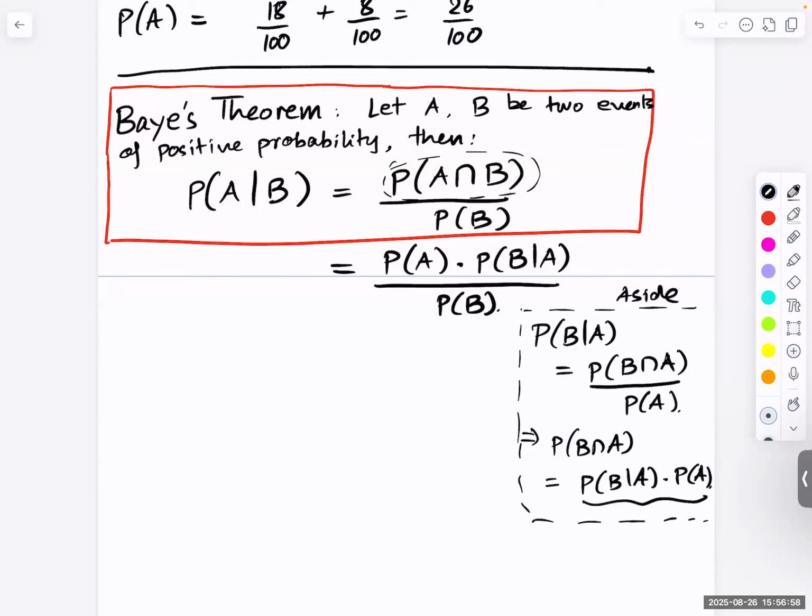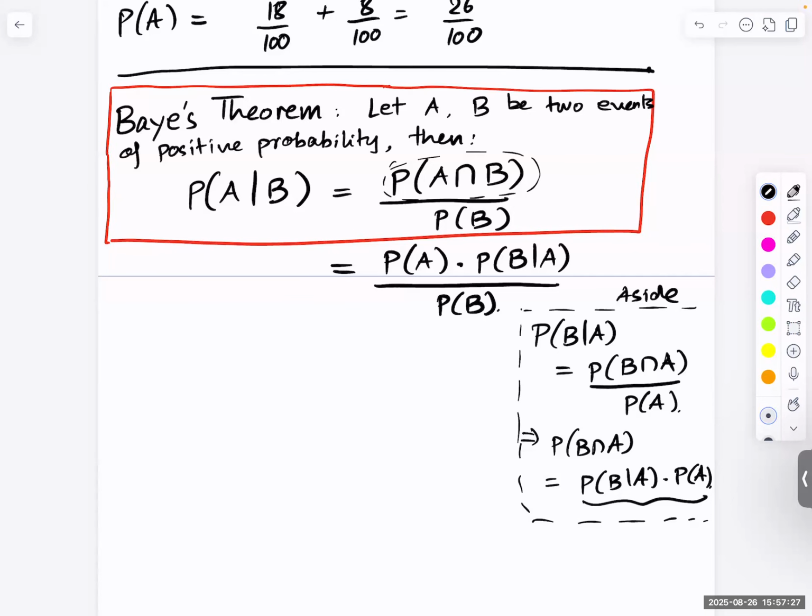In some sense, there is not much if you just look at the mathematical formula. But I think there's a lot of value in thinking about what these terms actually mean. So let me try to give you some interpretation behind the operational meaning of these conditional probabilities.